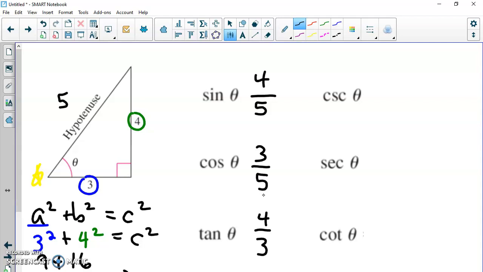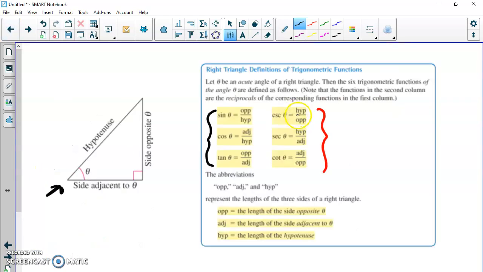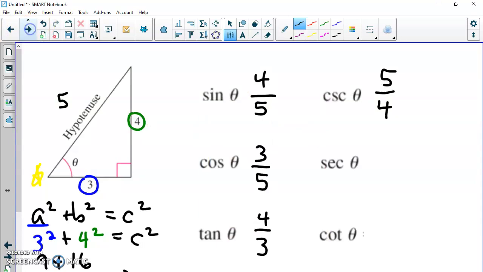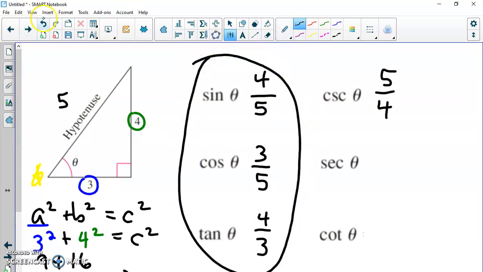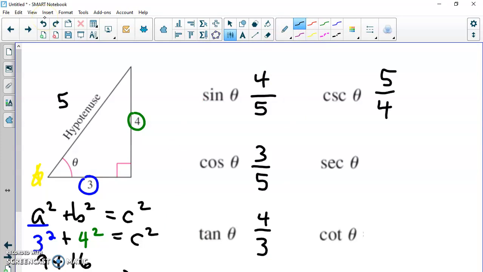The reciprocal functions: cosecant, just look at sine and do 5 over 4, or the formula here was hypotenuse over opposite. I always found it easier just to memorize these 3 here on the left and just do the reciprocal. So secant is going to be 5/3 and cotangent is 3/4.